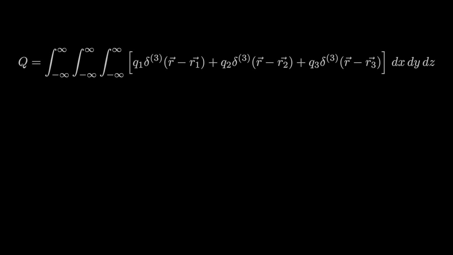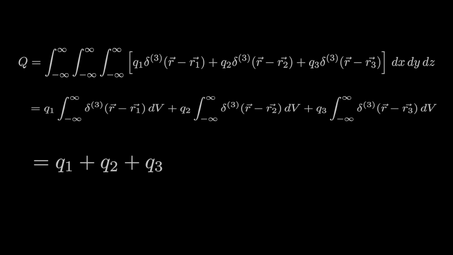Total charge, again, would just be integrating this thing over all space, and all of that charge for each one of those point charges is isolated to the specific points in which those delta functions are centered at. Now remember that in the real world, not everything is always over all space.